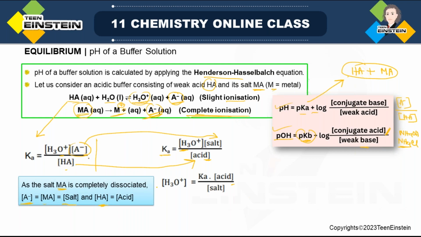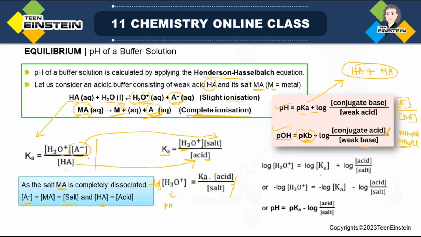Why? Because now we will take negative log here, which will give us pH. Then negative log Ka will give you pKa. Then negative log of acid by salt, and if you remove the negative, it will be salt by acid. So see, when we take log, first we take positive log of acid by salt.